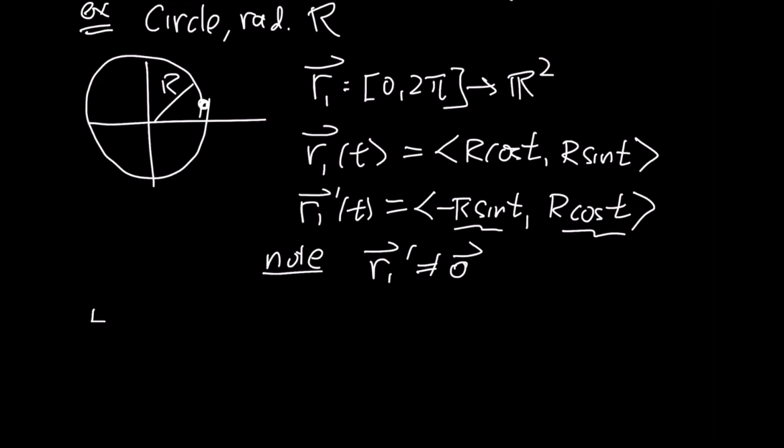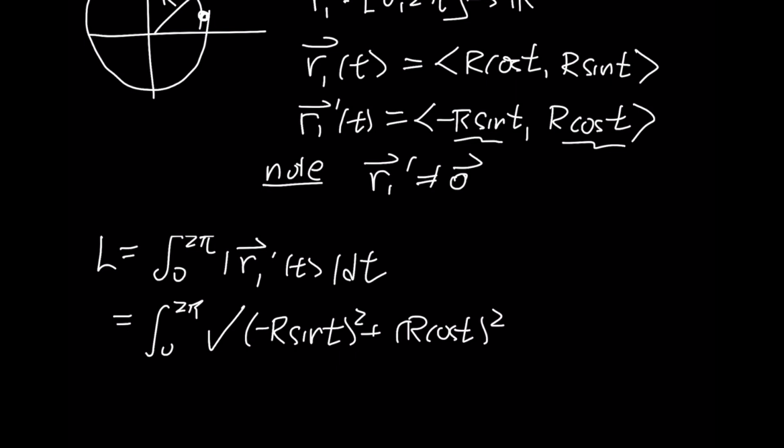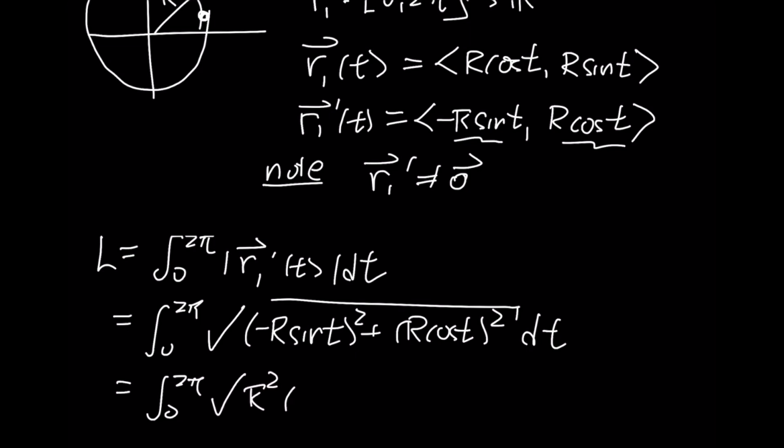The length of this curve will be from 0 to 2 pi. I will take the length of this r1 derivative and integrate it. Now, in this particular case, I'll go from 0 to 2 pi, and I'll have the square root of negative r sine t squared plus r cos t squared dt. This is going to give me an r squared times sine squared of t plus cos squared of t.